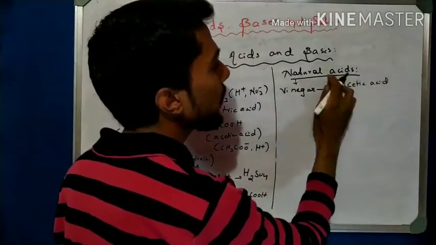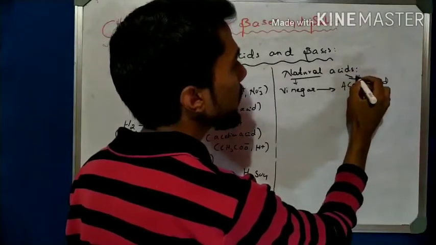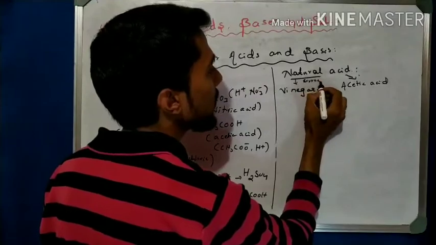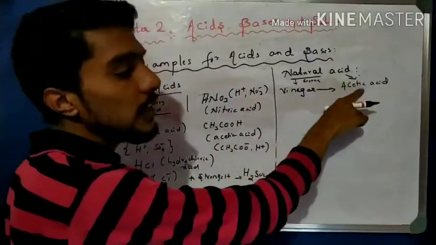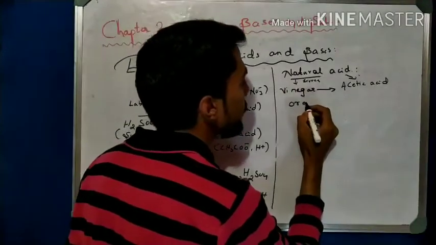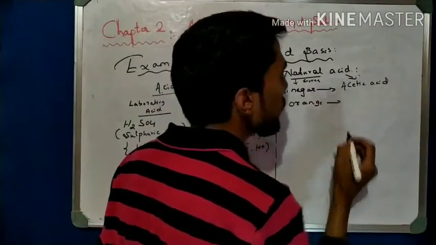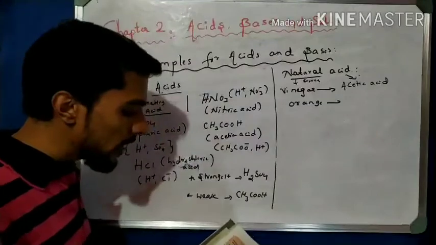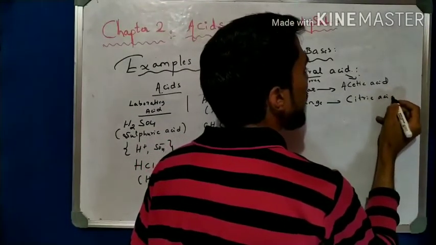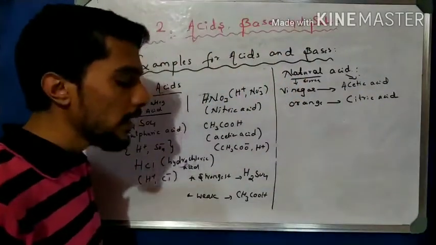The acid present in vinegar is acetic acid. Then another natural source is orange, one fruit, which has citric acid.